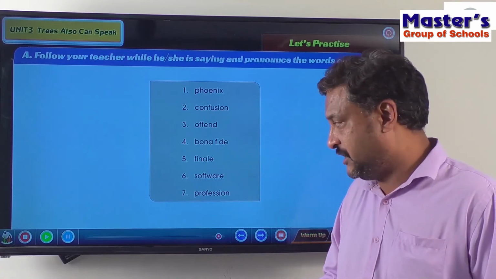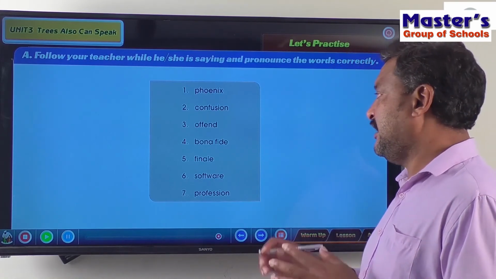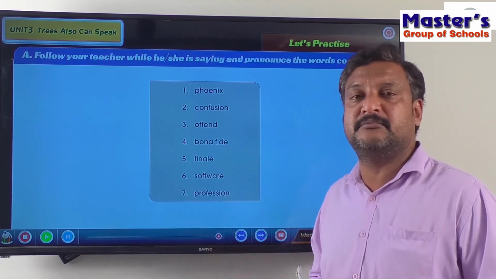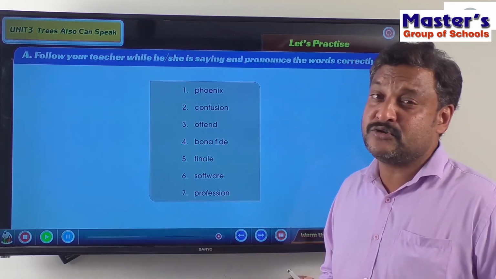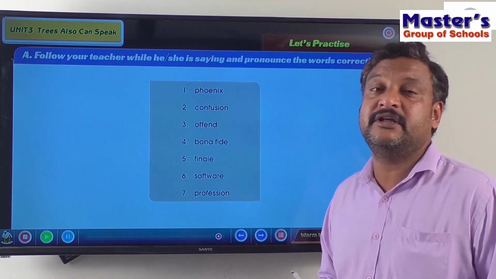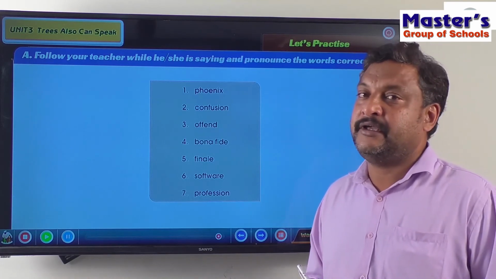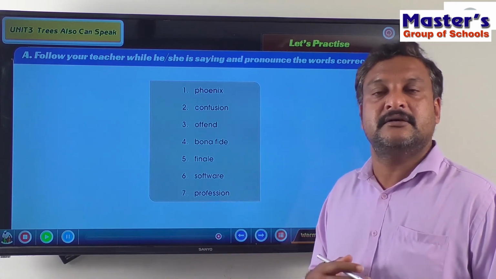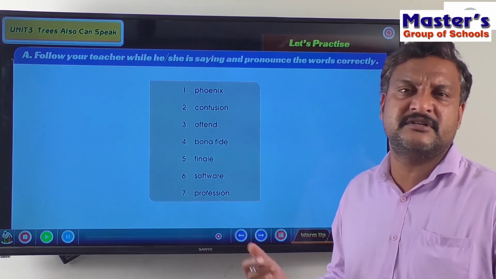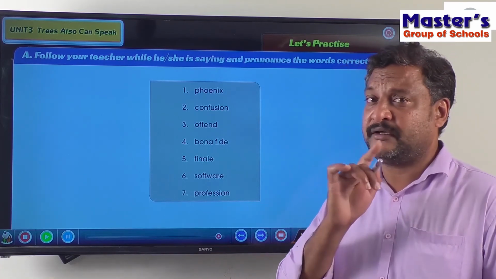Right? Okay. So I will keep this window the same for another minute for you, so that you can also practice it. Thoroughly you have to practice it, because as we go up in the classes, there can be more confusions related to these kinds of sounds. Okay, so practice it thoroughly.